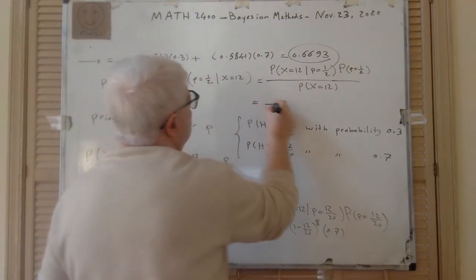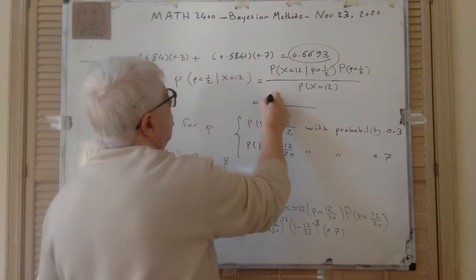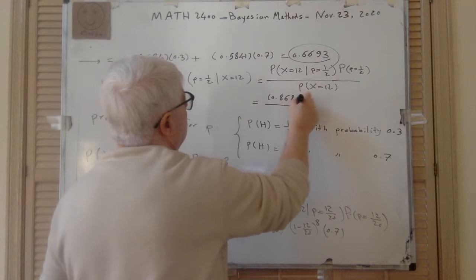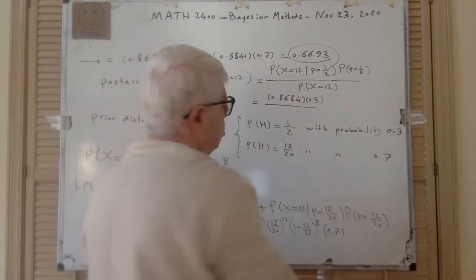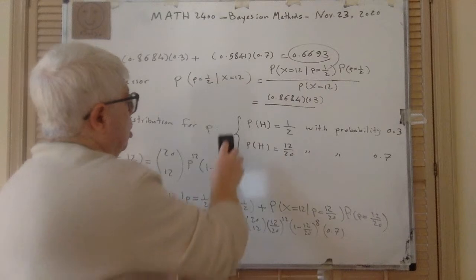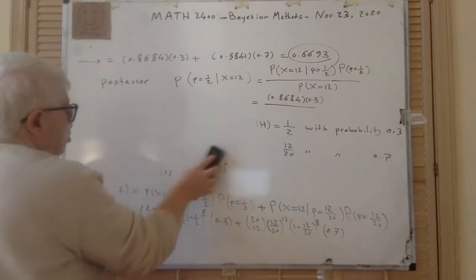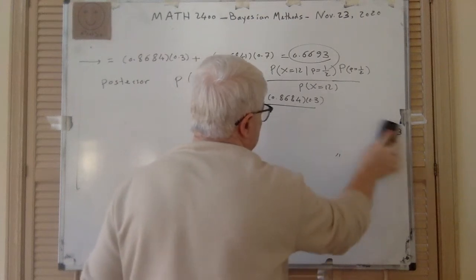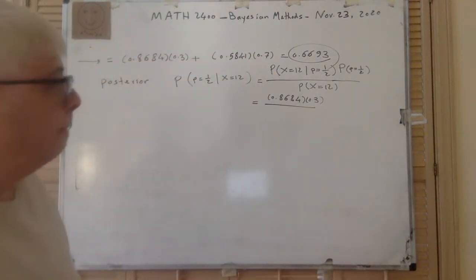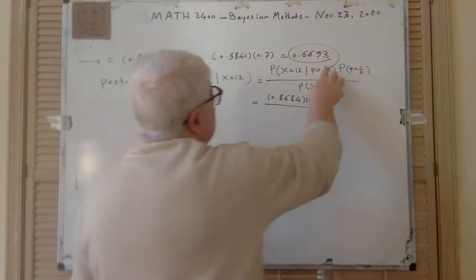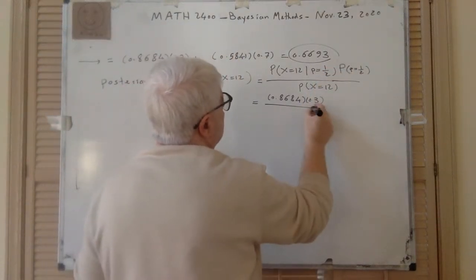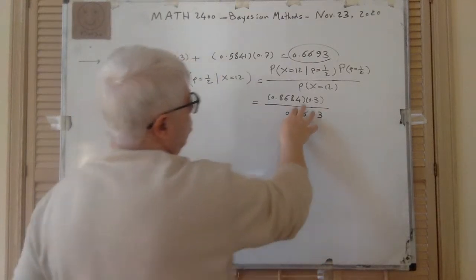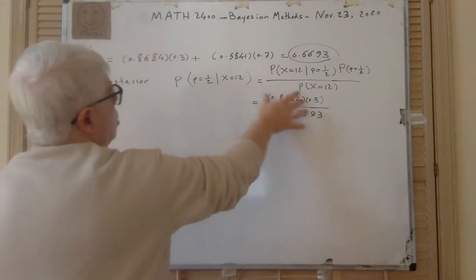So this one is in fact this guy here, 0.8684 times 0.3, divided by 0.6692. And look at this, this will be less than 1, because this is the summand here.